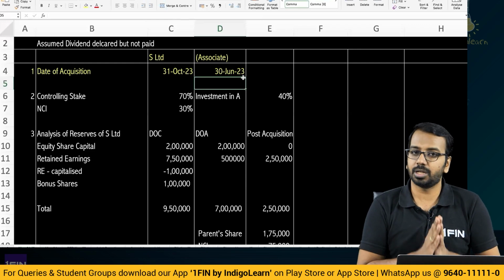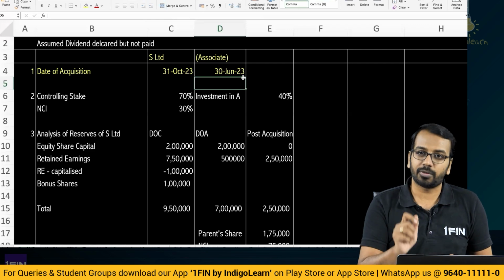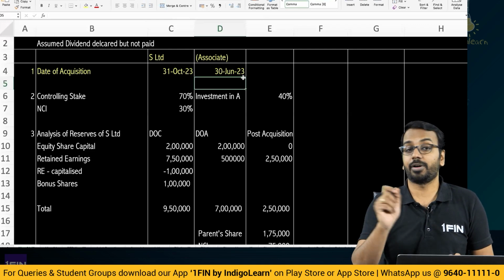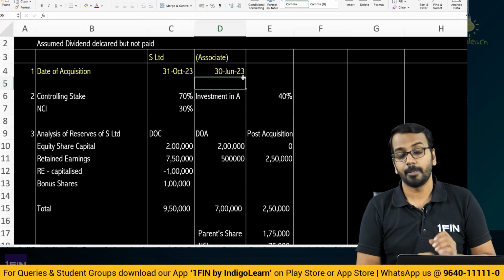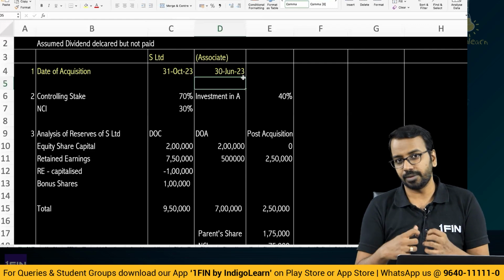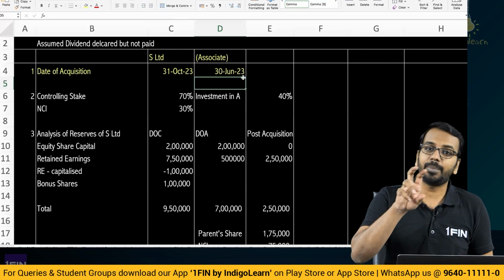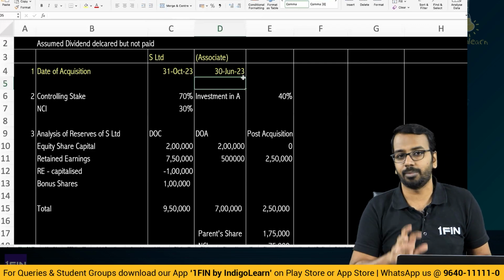Now if that is the assumption, then what happens? H Limited has to provide for dividend, S Limited has to provide for dividend, and A Limited also should provide for dividend, because it is not paid. When we say provide for dividend, we will reduce the retained earnings, because we pay dividend out of retained earnings, and we will create a payable, shown as dividend payable. So far so good.